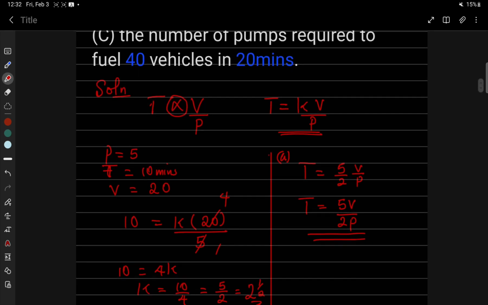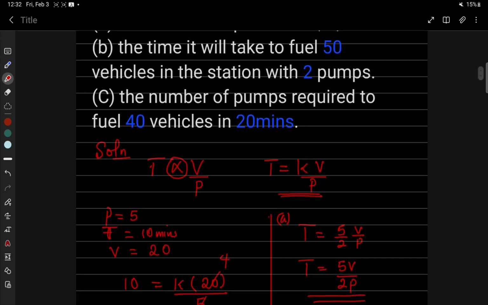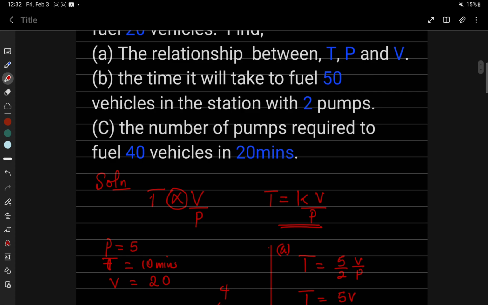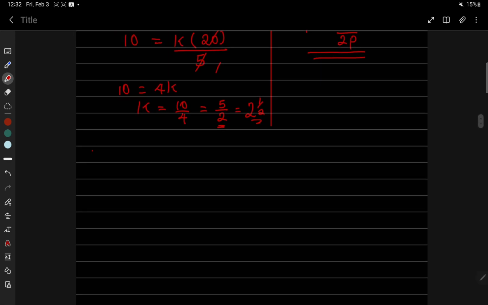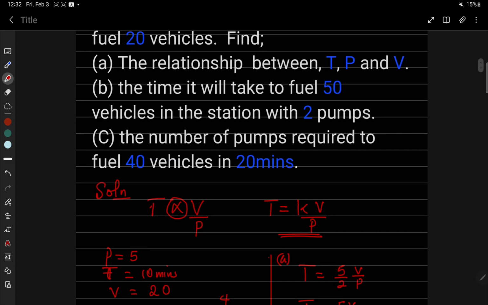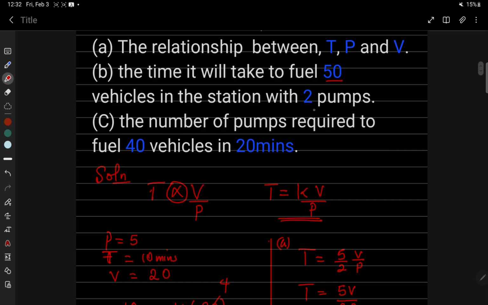All right, good. So let's go to the B part of the question. It says the time it will take to fuel 50 vehicles in the station with 2 pumps. Invariably, the B part is telling us that V is 50 and P is 2.